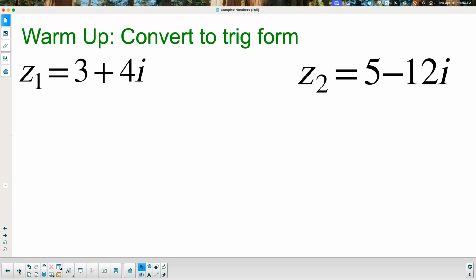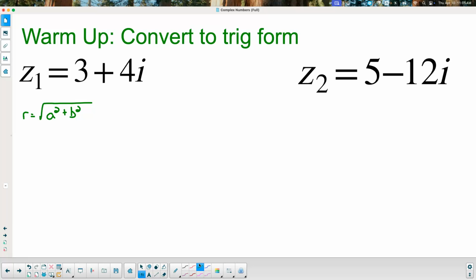All right. So, as just a quick warm-up, let's convert these two into trig form. I'll do the first one with you together, and then I'll have you guys do the second one on your own. Okay? So just a quick refresher from yesterday. We first need to find our R value, which was the square root of a squared plus b squared.